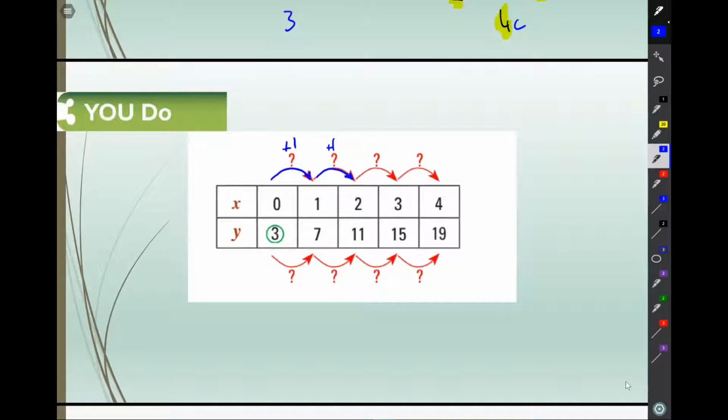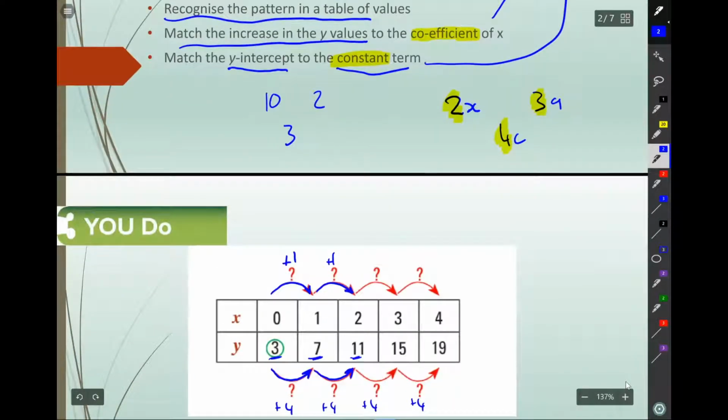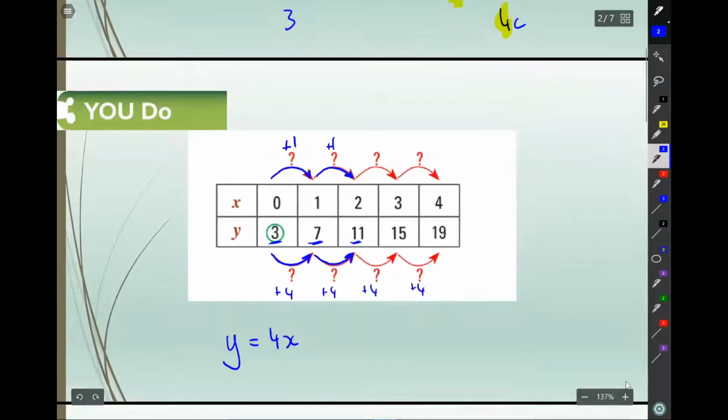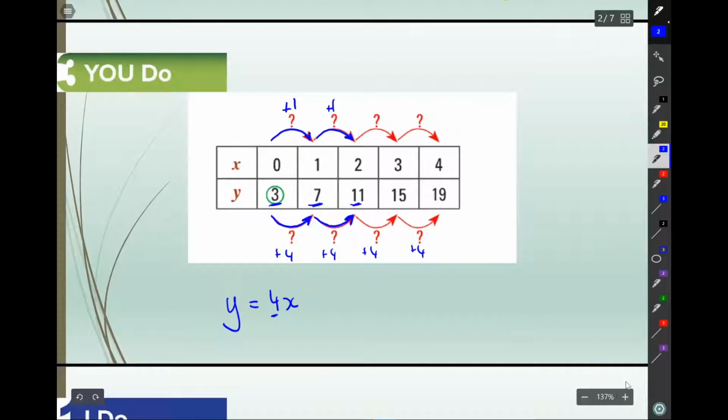Okay, the second thing we want to look at is how much are the y values increasing every time? So what did we have to add to 3 to get to 7? And then from 7 to 11. It's actually plus 4. So that means the coefficient of x is 4. Remember, the coefficient of x is the number in front of the x.